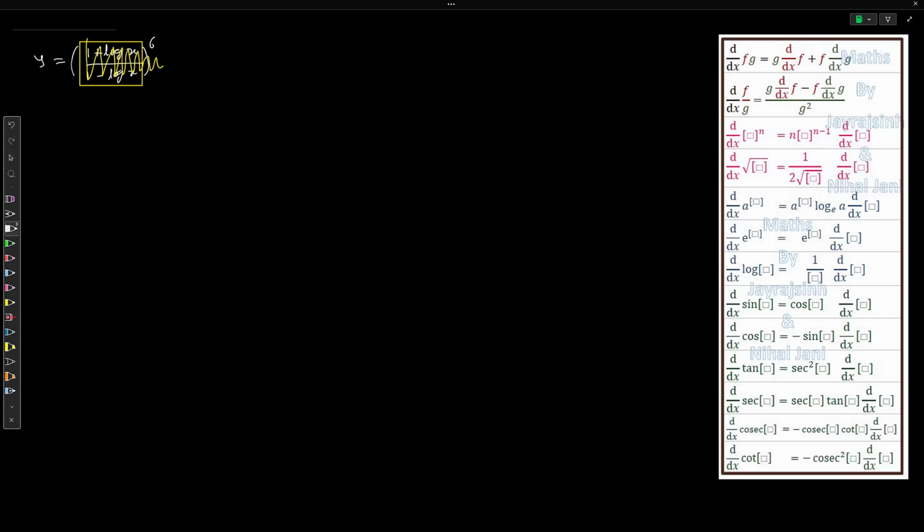Okay, tell me, dy by dx will be 6 box raised to 6 minus 1, or we can say 5, into d by dx of box, right? Okay, now what do we have within the box? Yes, 1 plus log x upon 1 minus log x.